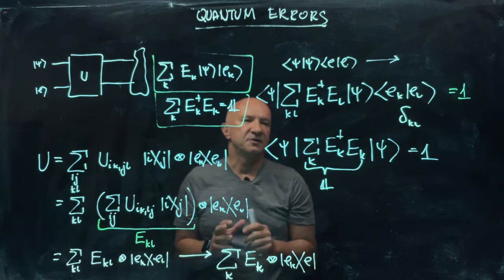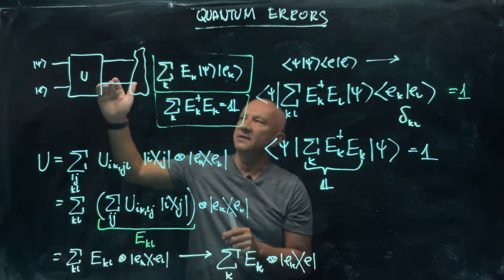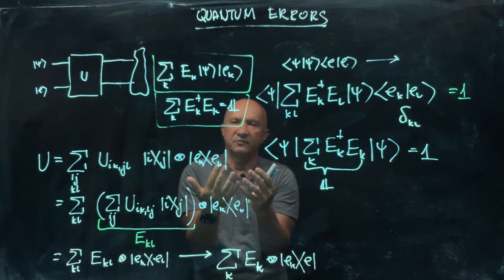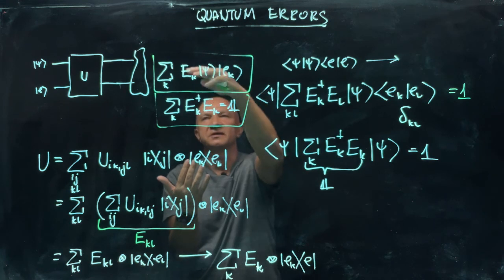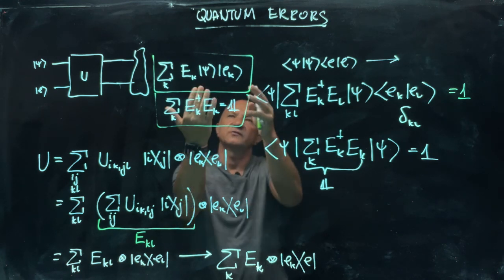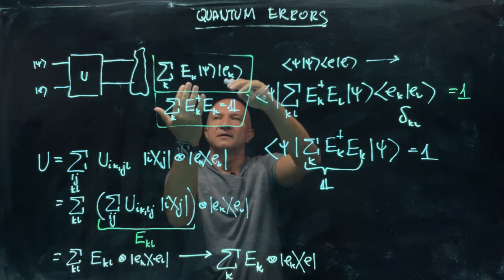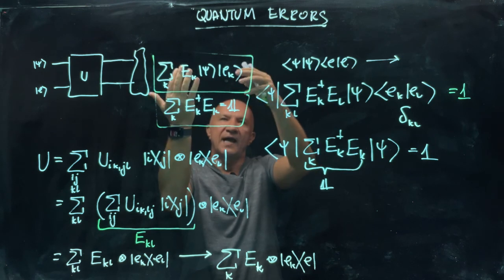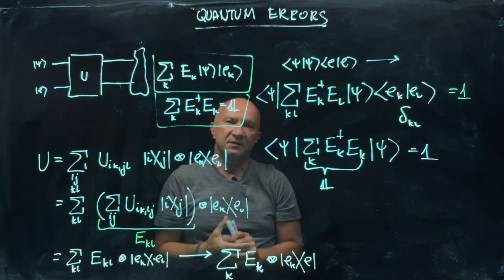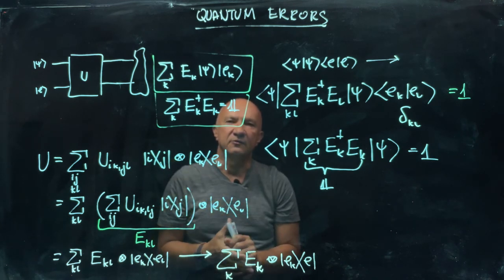But the message now is that you can always think about system-environment interaction as something that results in the environment inducing some errors on the system. And of course, in this particular scenario, you can really say that error E_k happens, because we assume that the states of the environment are mutually orthogonal, so they form an orthonormal basis.